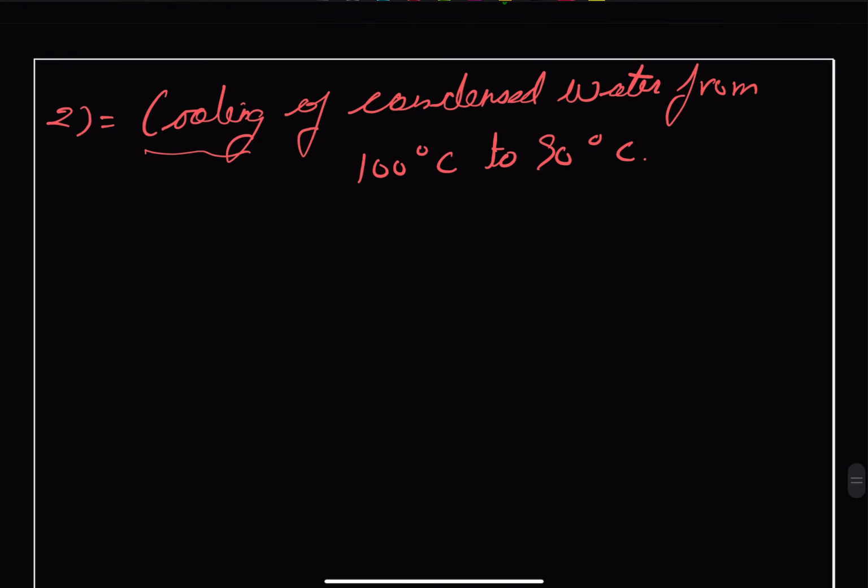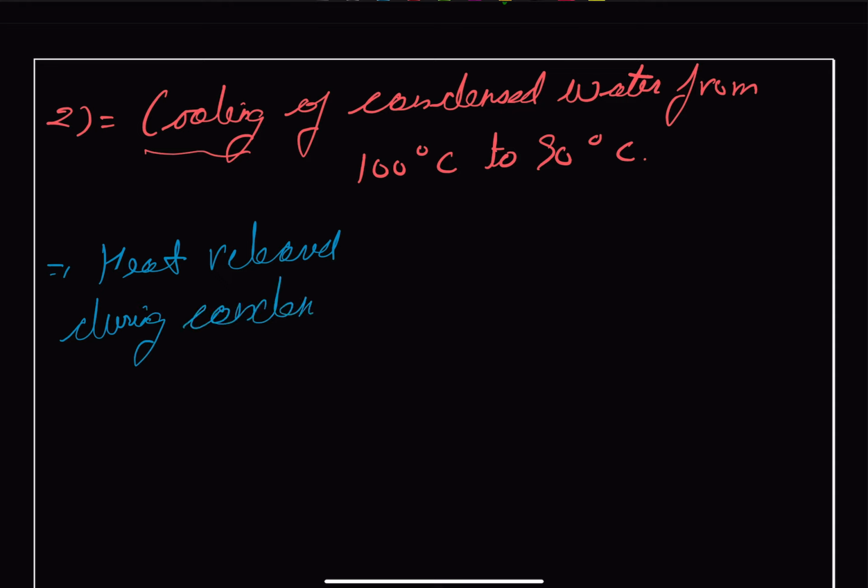So the heat released during condensation, let us suppose Q condensation, will be equal to mass of steam and latent heat of vaporization. Mass of steam we are going to find out, so this will be MFS. Latent heat of vaporization we know is 2260.